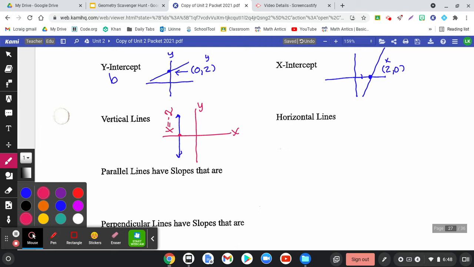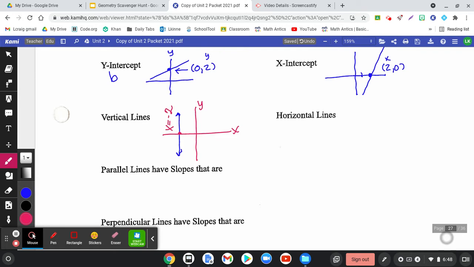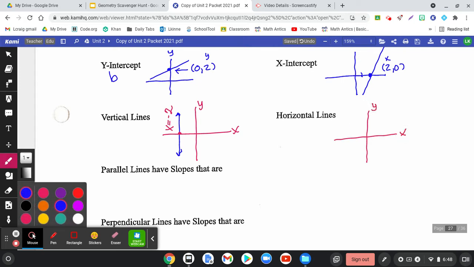Most equations have a y in them, but if it's vertical, it doesn't hit the y-axis, so there is no y. And the opposite's true with horizontal lines. A horizontal line is only hitting the y-axis, so there's no x in the equation. That would be just y equals 2 or y equals 5.